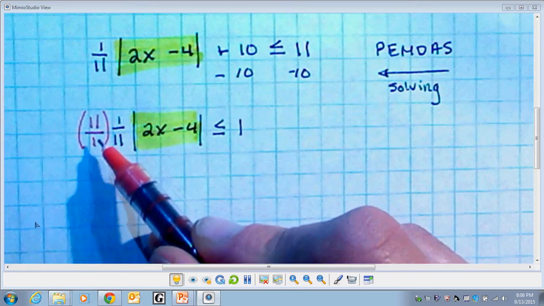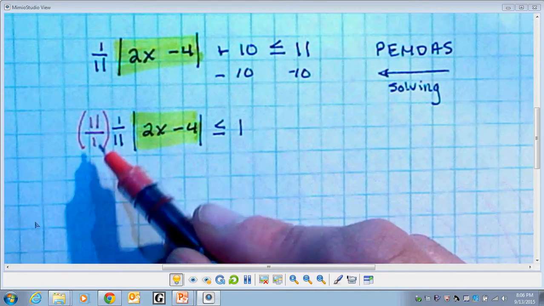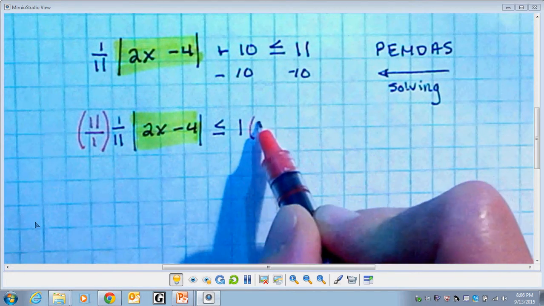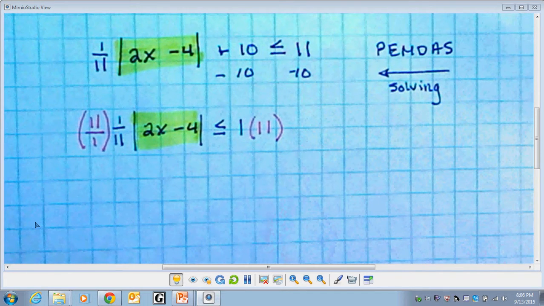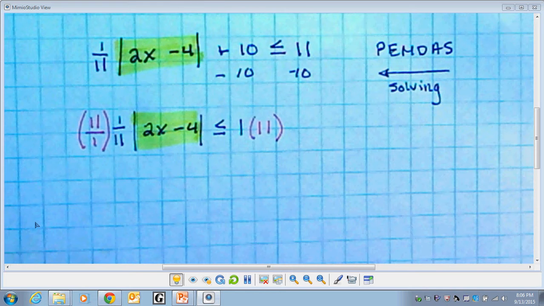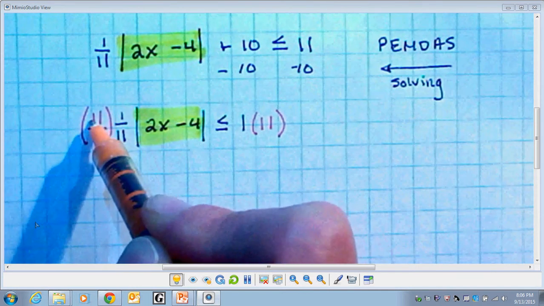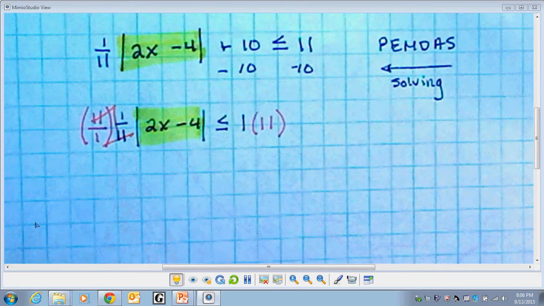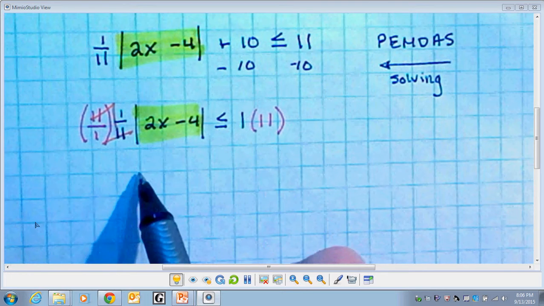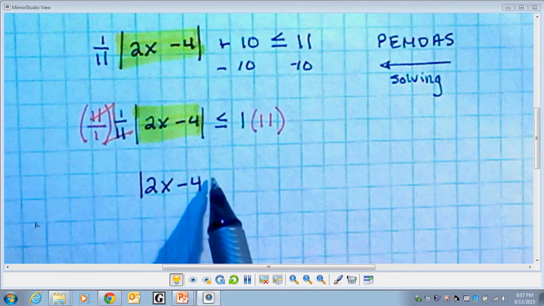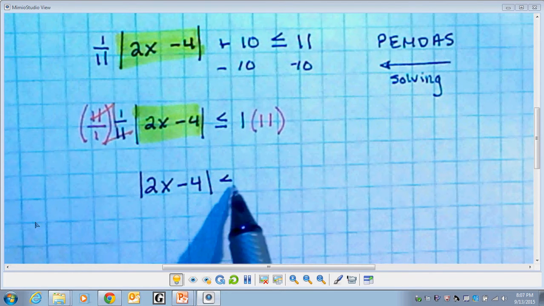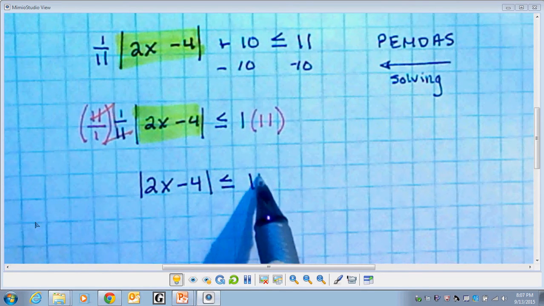So I multiply both sides, all terms, by the same thing. I know this divides out to a 1, so that gets rid of that, and I don't need to write it anymore. That leaves me with the absolute value of 2x minus 4 is less than or equal to 11.